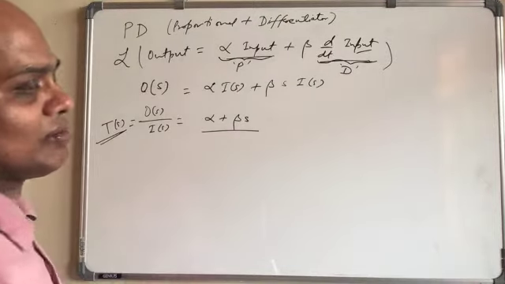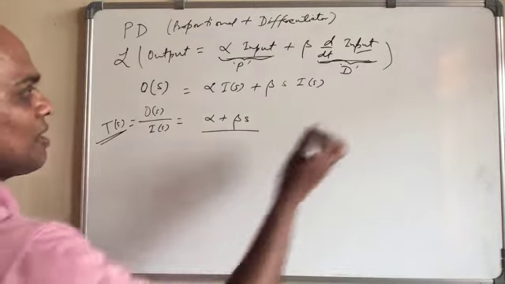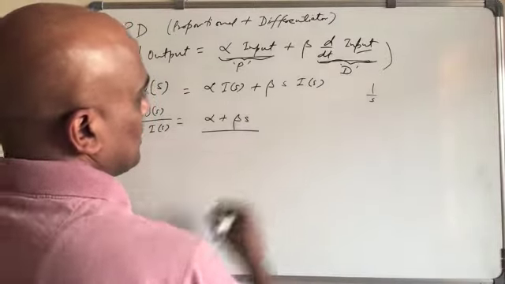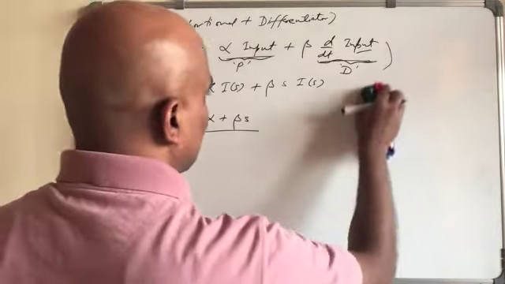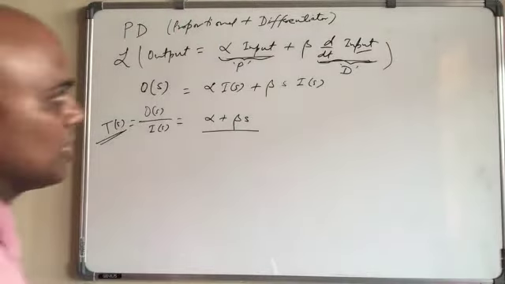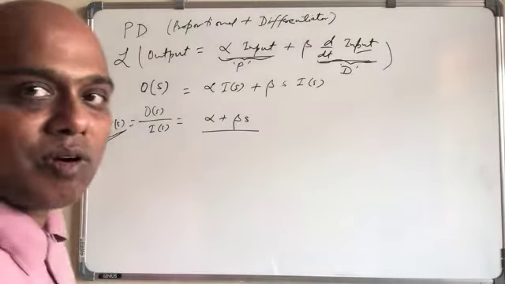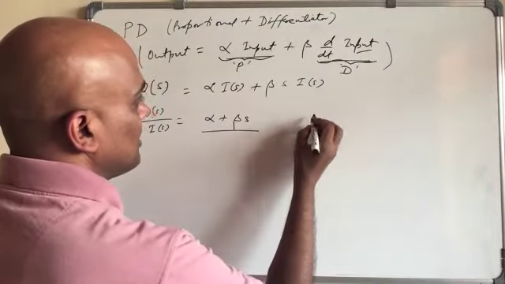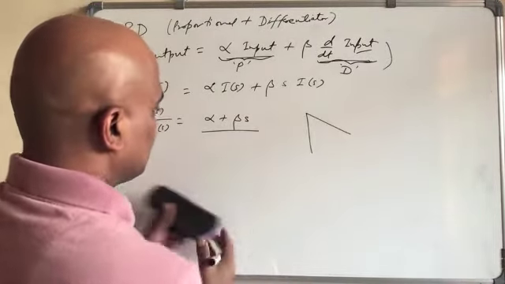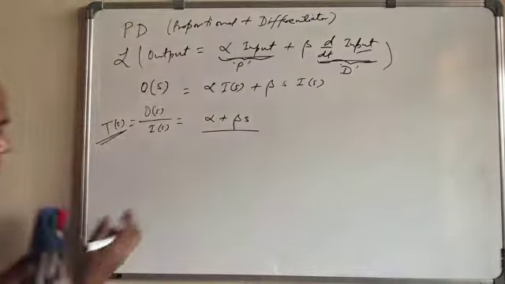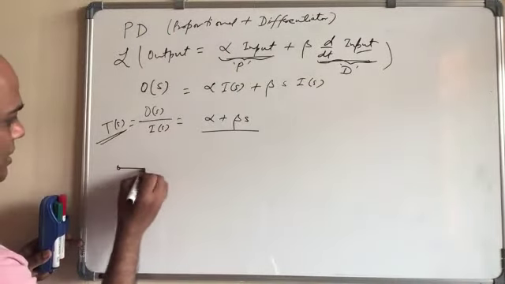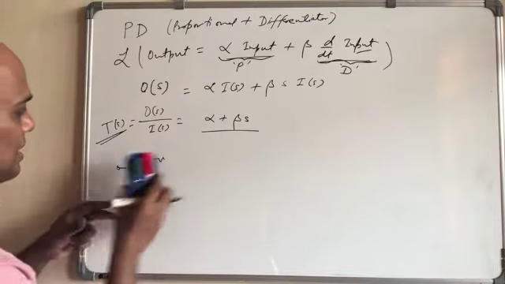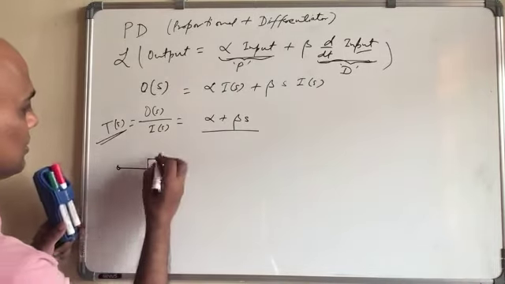So how to get this kind of transfer function? Earlier we got 1 over s type, but now s is in the numerator itself. So how to find it? Let me do it here. We can have something like this.